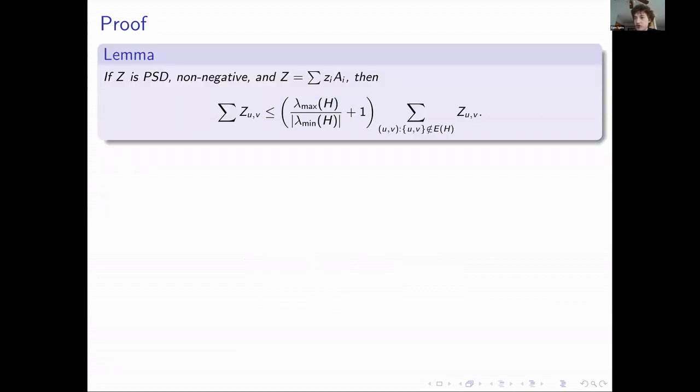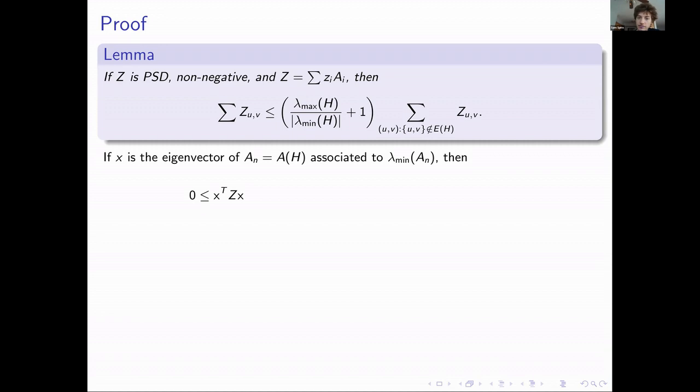And now we finally reduced the problem to something you can actually solve by hand. Which again, as a reminder, is showing that if you have a PSD non-negative matrix in this nice pseudo association scheme, then you have this weird inequality. So to do this, we're going to fix an eigenvector of our original graph H, which we denote by x.